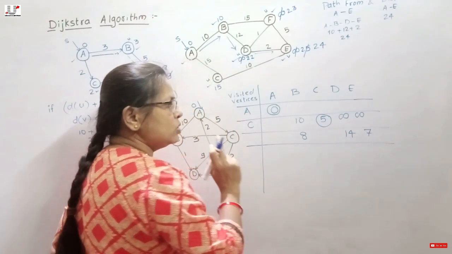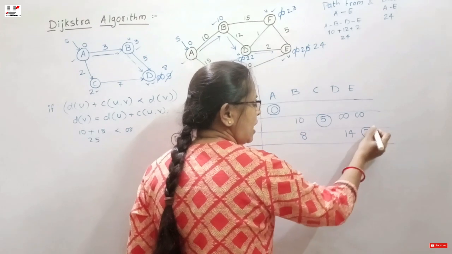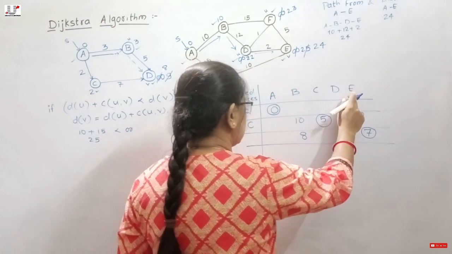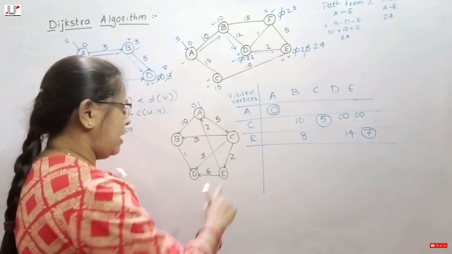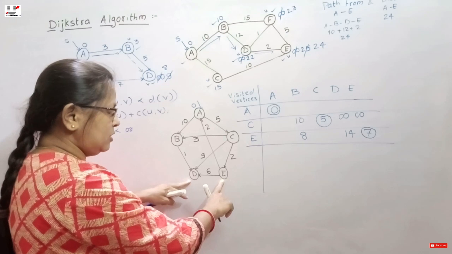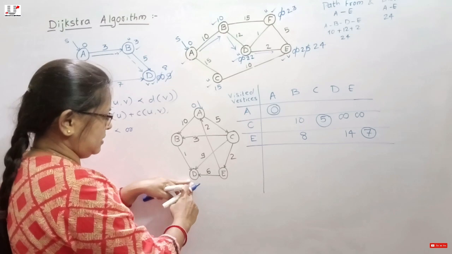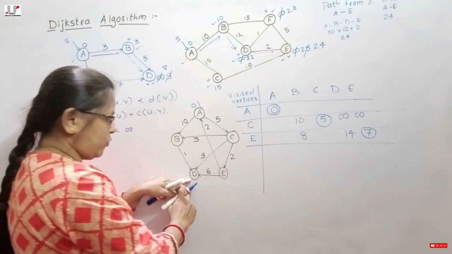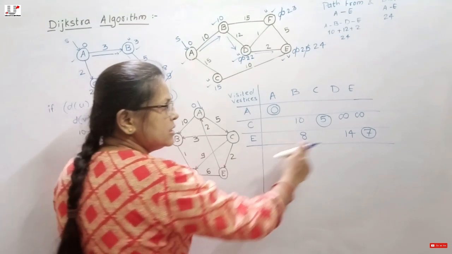So from this row the minimum distance is 7. The distance 7 is of vertex E. So mark E as the visited vertex. And from that E, you have to find the smallest path for the remaining ones. From E, there is an outgoing edge for D. The distance of E is 7.